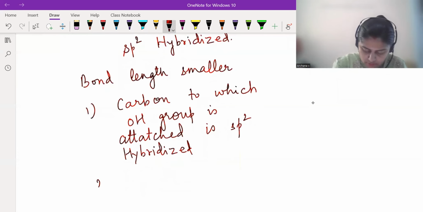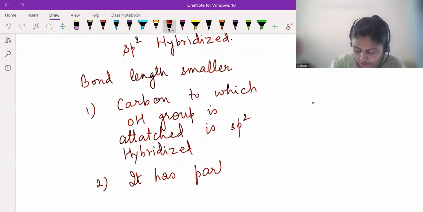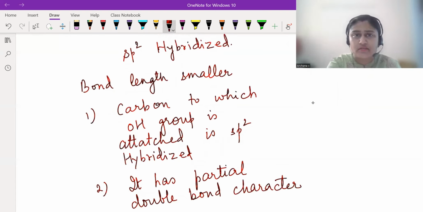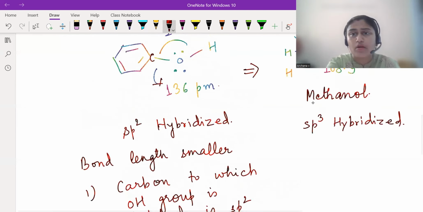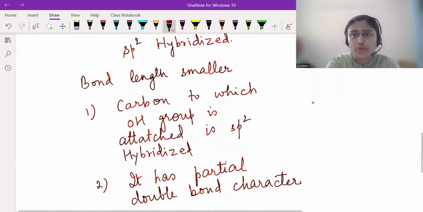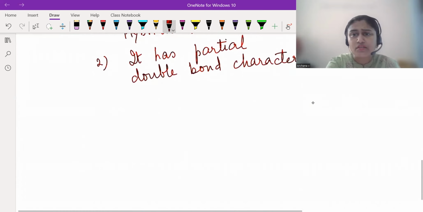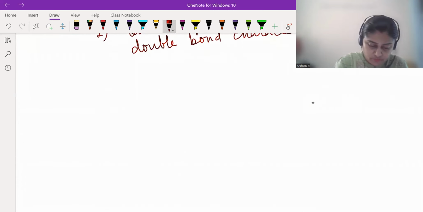Second, it has partial double bond character. So these are the two main reasons as to why the CO bond length in phenol is less as compared to alcohols. Let's move on to a very important segment, that is synthesis of phenols.